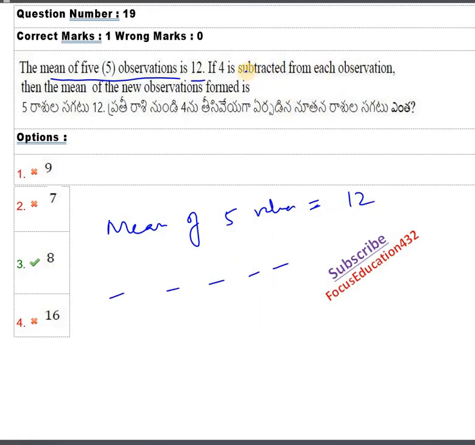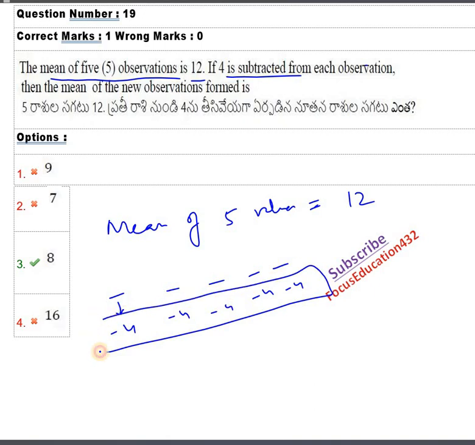From each observation, 4 is subtracted: minus 4, minus 4, minus 4, minus 4. If you subtract the same value from all the values, the new mean is simply the existing mean minus 4. So the new mean will be 12 minus 4, that is 8. Direct question. You also have to remember that.